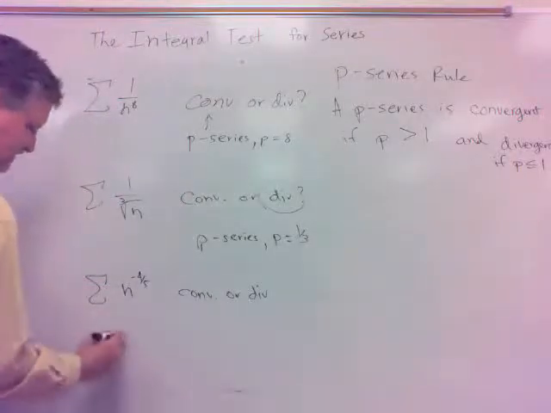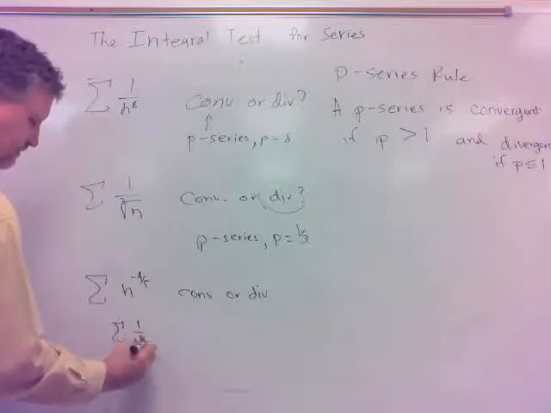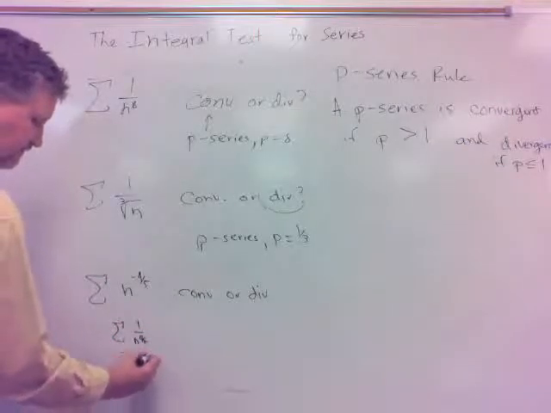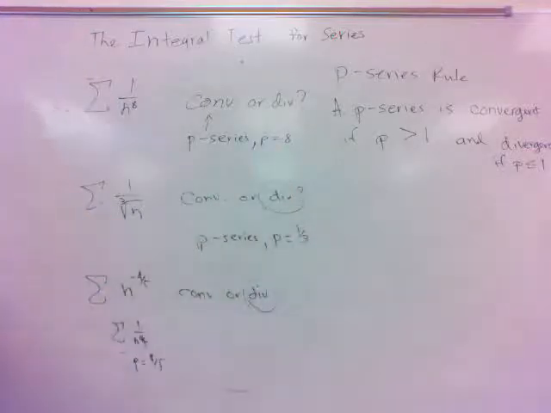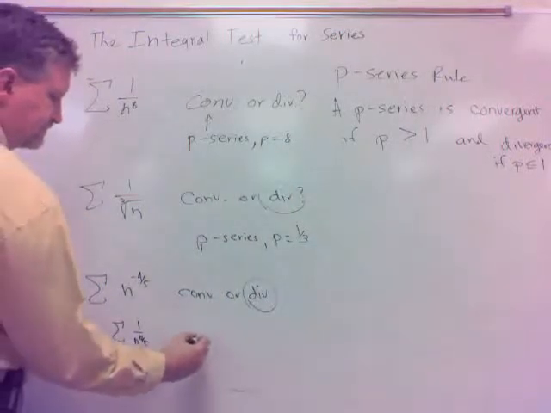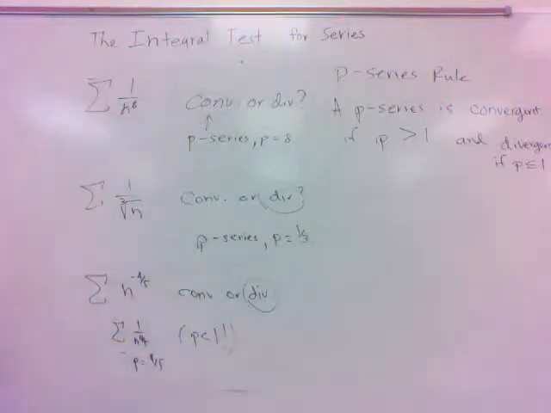Yeah, this is 1 over n to the 4/5. P is 4/5. So that's divergent, isn't it? Less than 1. P-series, p is less than 1.